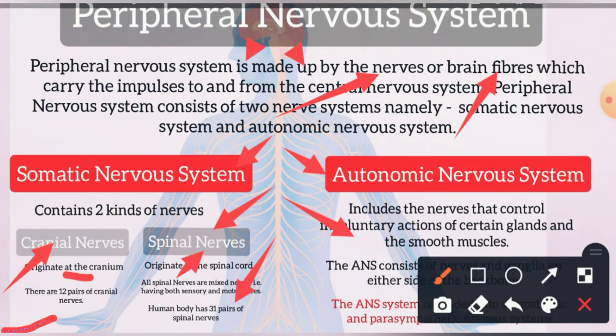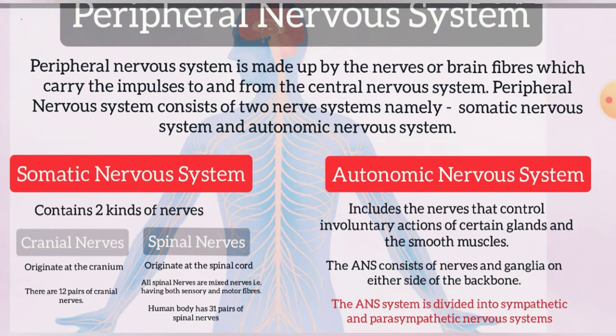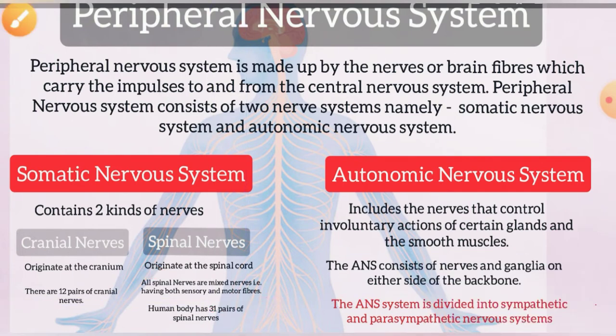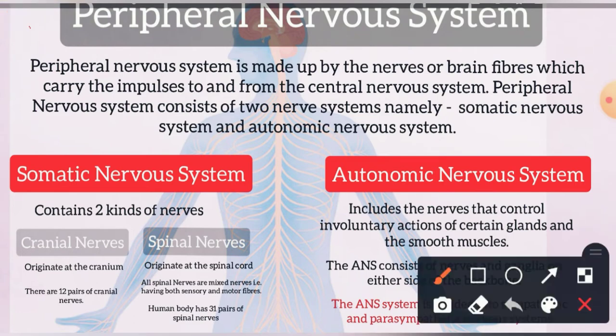And the spinal nerves originate from the spinal cord here. All spinal nerves are mixed nerves, that is, they have both sensory and motor fibers. And the human body has as many as 31 pairs of spinal nerves.